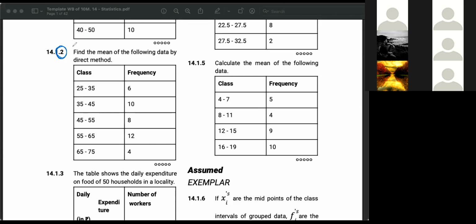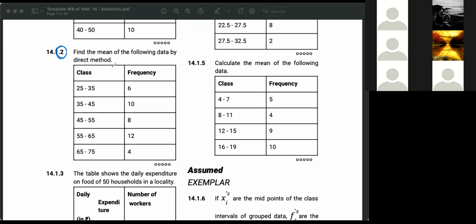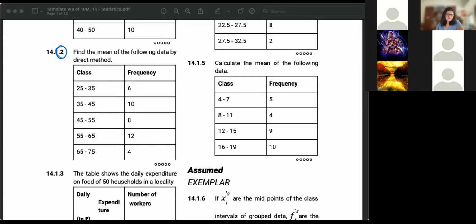Question number 2 is just find out the mode. So class, frequency, the formula for mode. In order to find out the mode, you need F0, F1, F2, you need L and H. So frequency F1 is for the modal class.